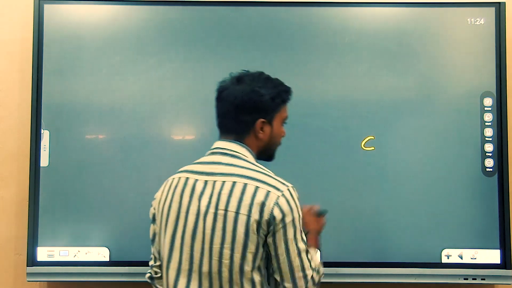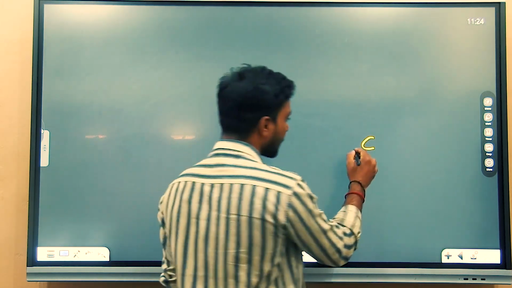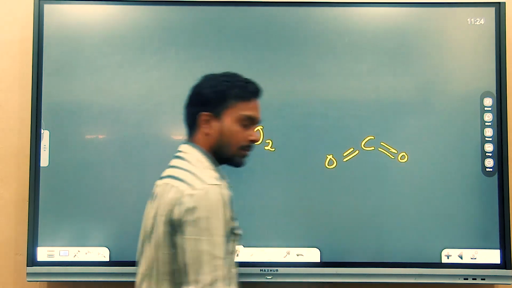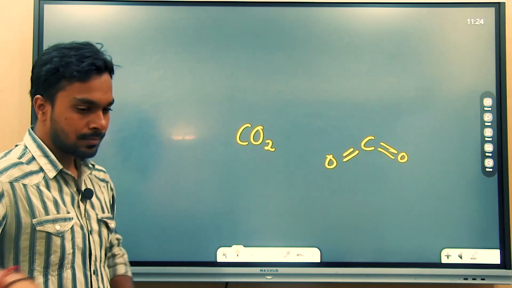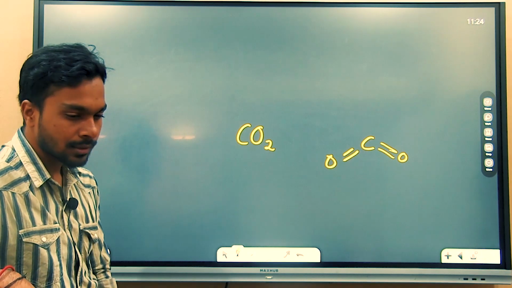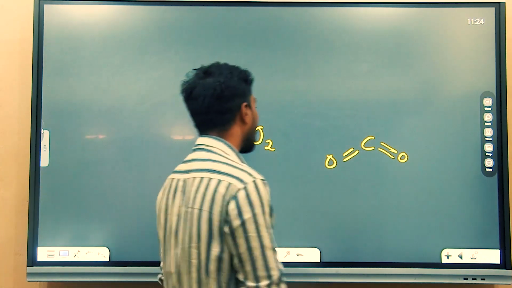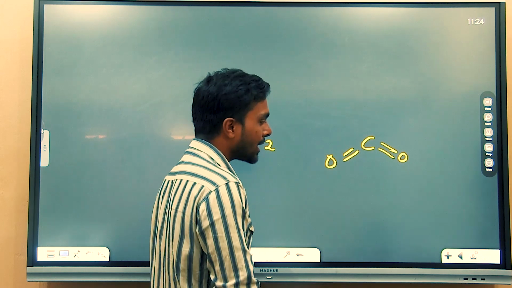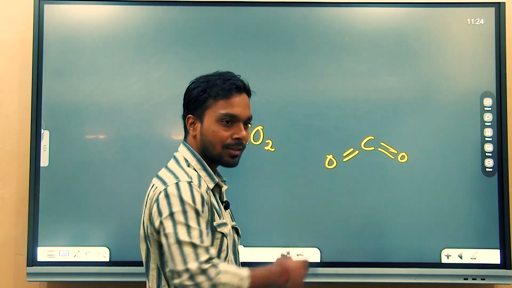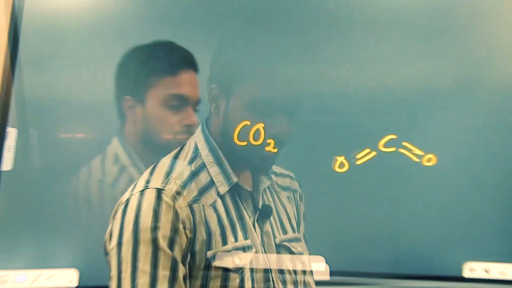This is carbon. Have you seen the structure of carbon dioxide? Something like this. Now tell me how many electrons are shared. Can you draw the Lewis dot structure of carbon dioxide?